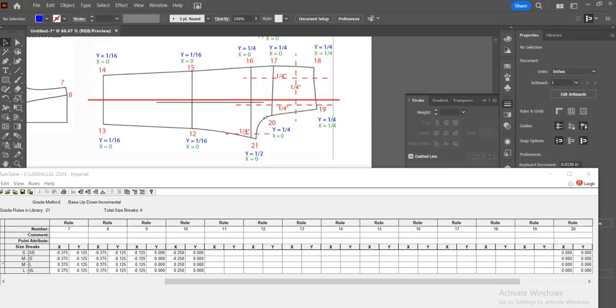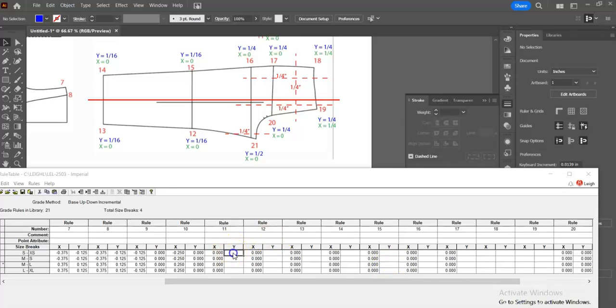So for 11, I had an x of 0. And actually, I can go ahead and just do all my zeros. So 12 has an x of 0, 13 has an x of 0, 14, 15, 16, 17, and 20.